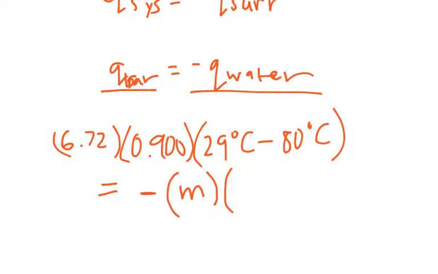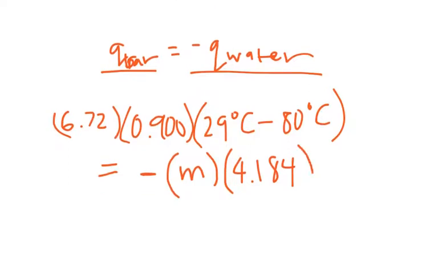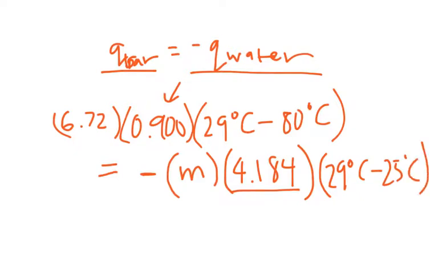The specific heat of water is going to be 4.184, because we are doing this in joules. Since this was in joules per gram times degrees Celsius, this has to be in joules per gram times degrees Celsius. And the change in temperature would be the final temperature minus the initial, which was 25 degrees Celsius.